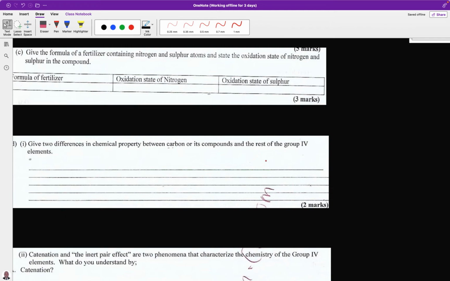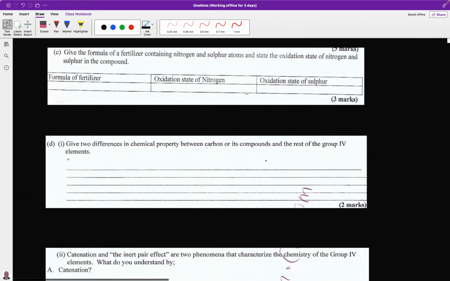Of course, most rich fertilizers contain nitrogen, sulfur and phosphorus, but one that contains only nitrogen and sulfur, a good example, is ammonium sulfate. We can say ammonium sulfate.